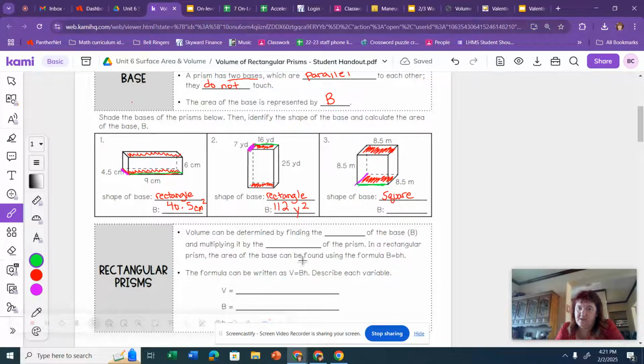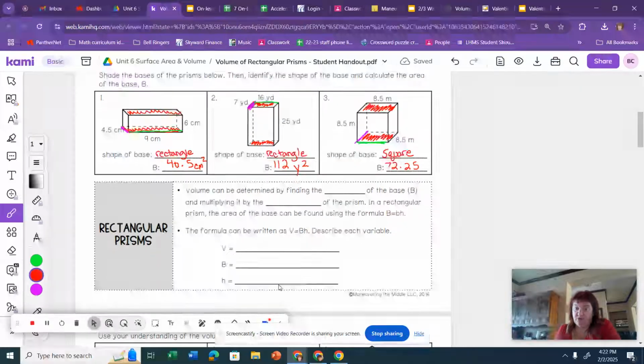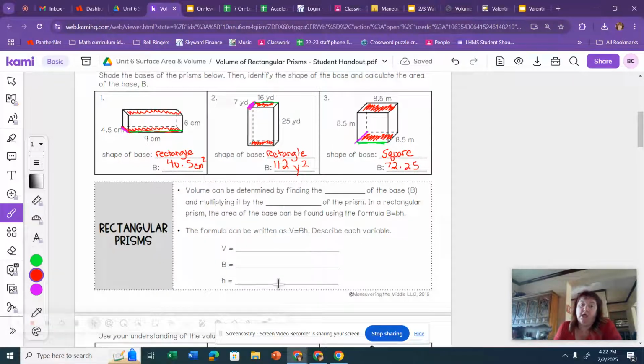So we just multiply that. 8.5 times 8.5 is 72.25.